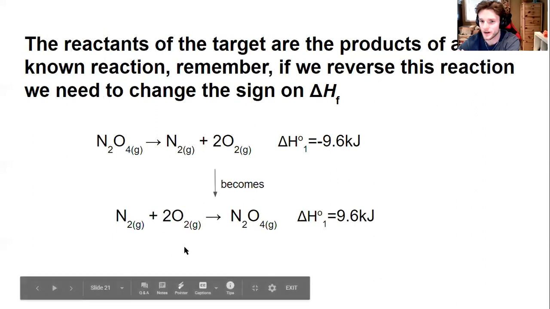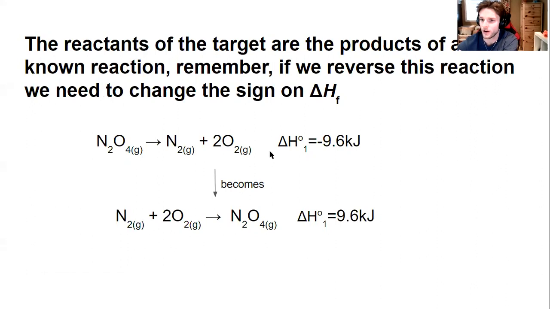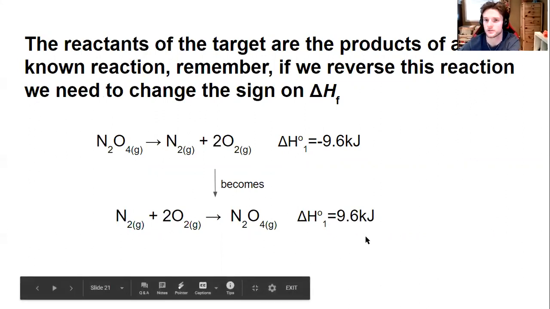But we can't stop there. If we flip or reverse this, we also need to change the sign on delta H. So we had negative 9.6 kilojoules. When we flip it here, it becomes 9.6 kilojoules. So our negative became a positive.